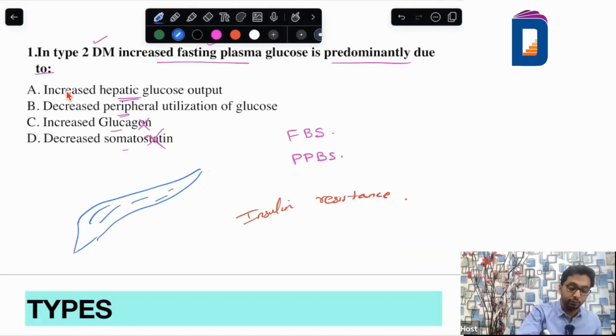Just for easy understanding, the body produces a coating outside, so that this insulin cannot act on the muscle and it cannot utilize the glucose. That is called insulin resistance. So insulin is there. In fact, insulin is very high initially. You'll see that. But the body cannot utilize this insulin.